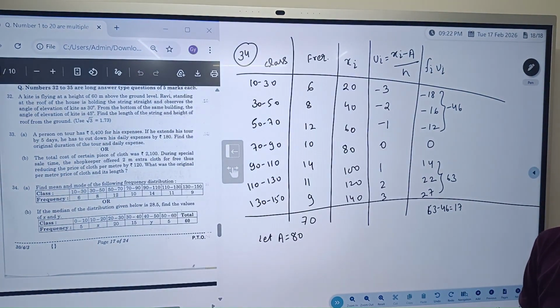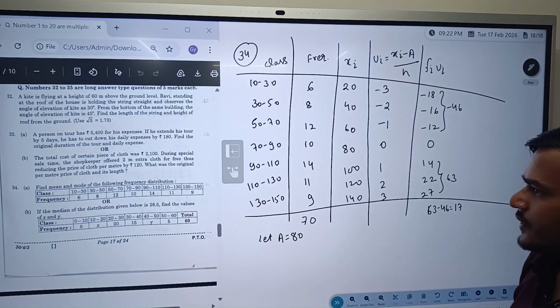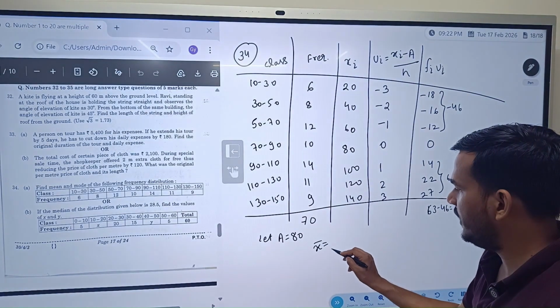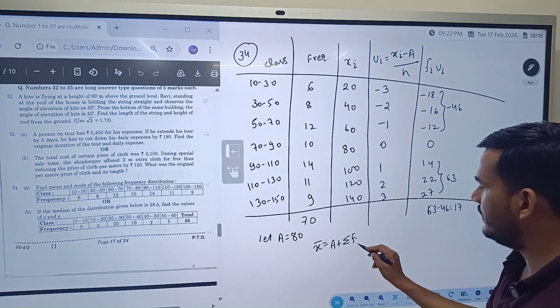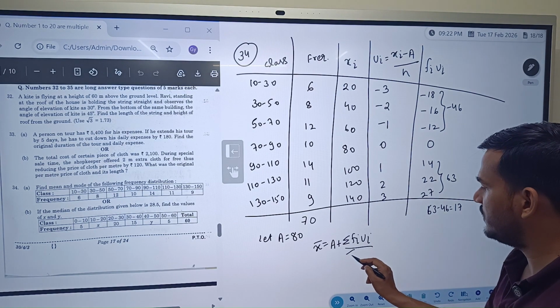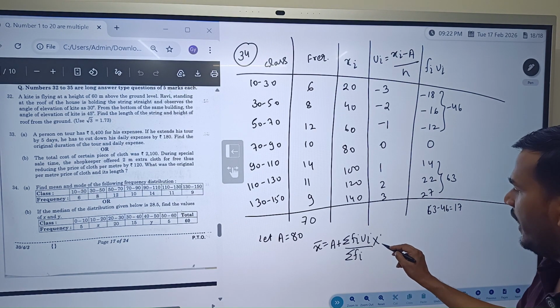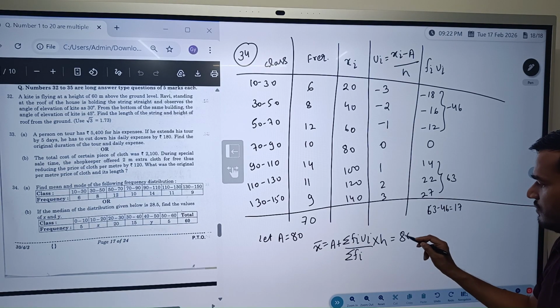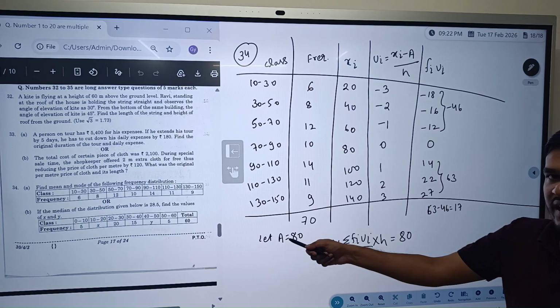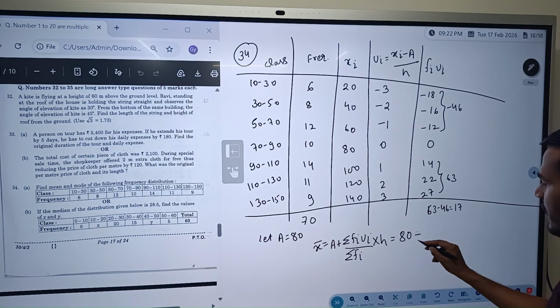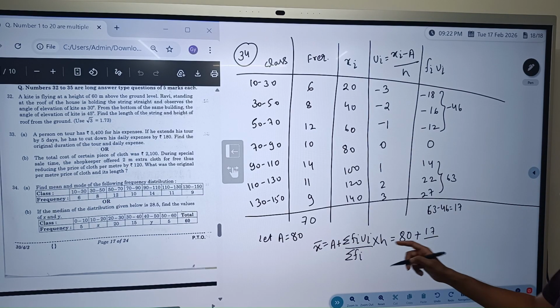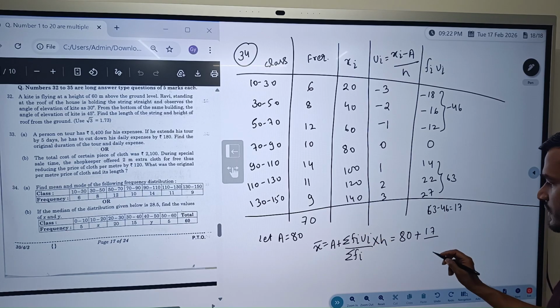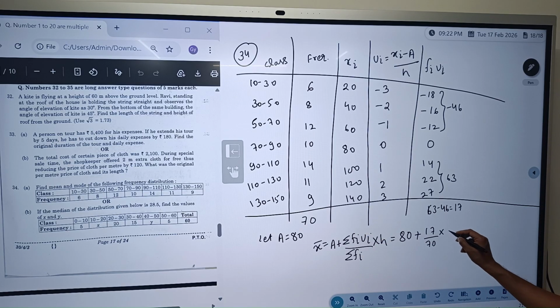Frequency total is 70. So the mean x bar is A plus sigma fi ui upon sigma fi, into h. Here A is the assumed mean, that is 80, sigma fi ui is 17, total frequency is 70, and h is 20.